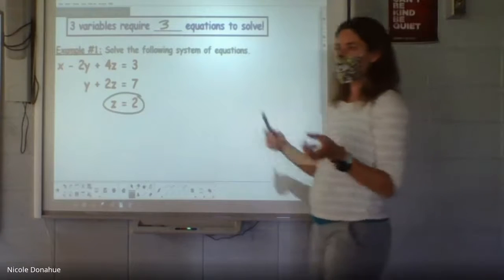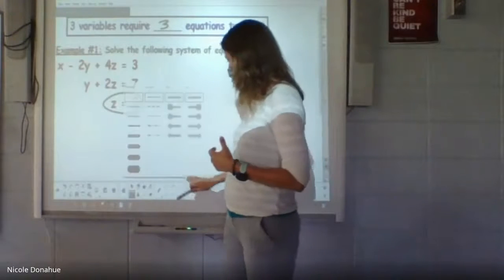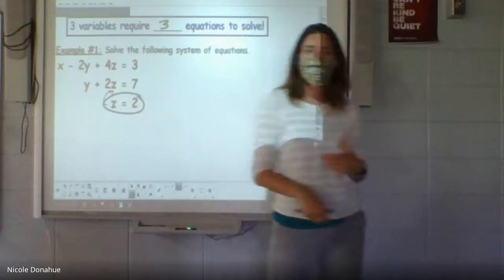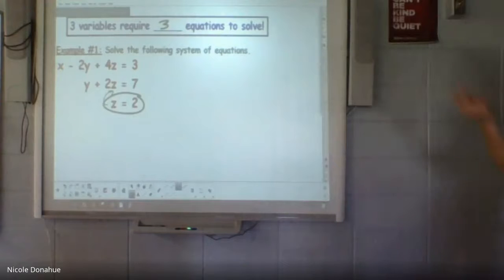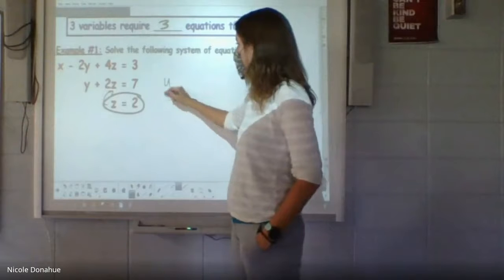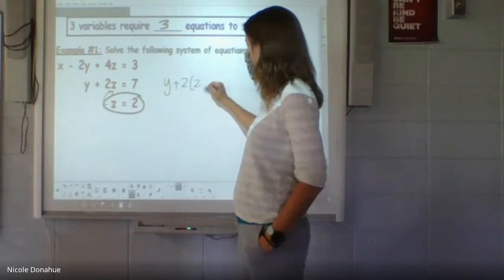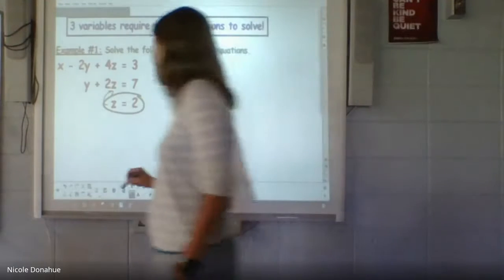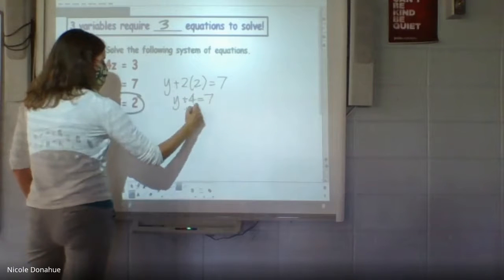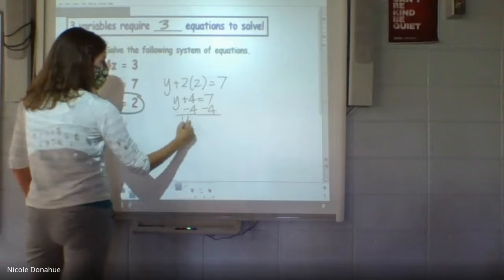And I would suggest going just one step back. So I'm just going to plug it in here right now because I want to figure out what y is. And that one has 2 variables. So y ends up being 3.